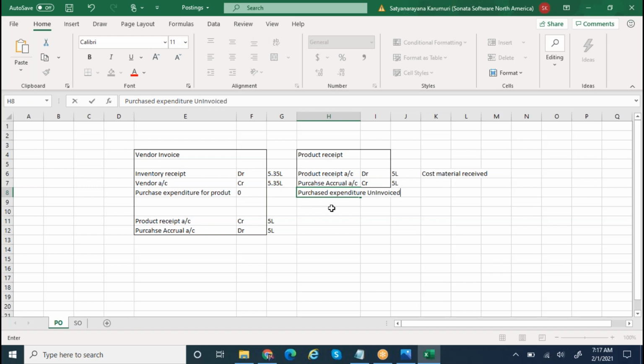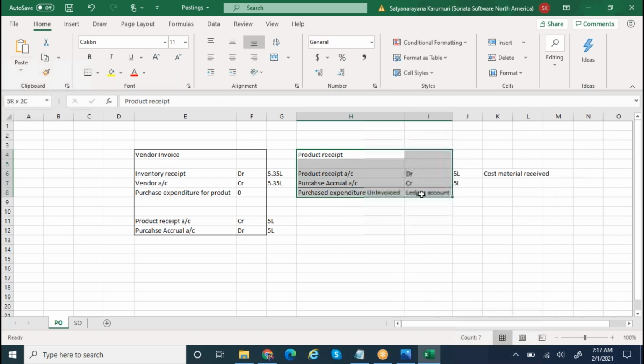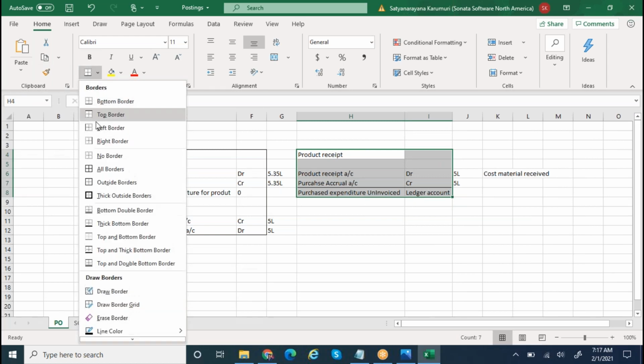Purchase expenditure uninvoiced should be mapped with a ledger account. Some ledger account you need to map. This is a must. Even though it is 0, you need to map.